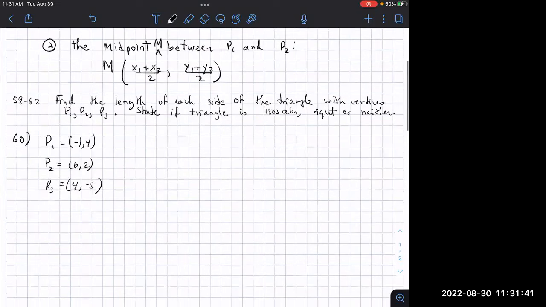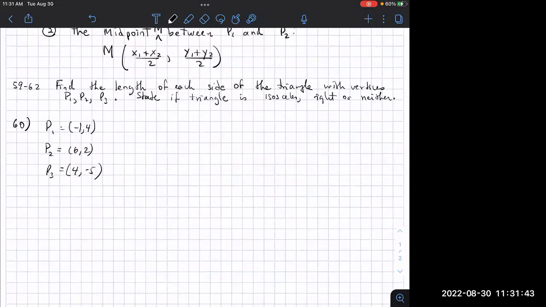Okay, now if you want, you can graph them. So negative 1, 4, that's P1. P2 is 6, 2: 1, 2, 3, 4, 5, 6, 2.